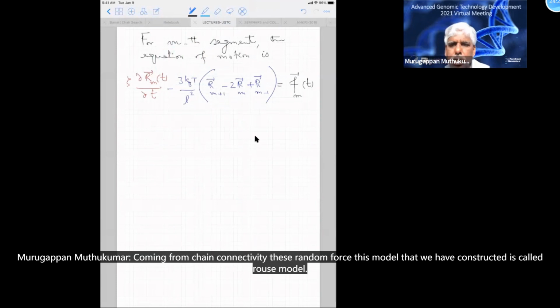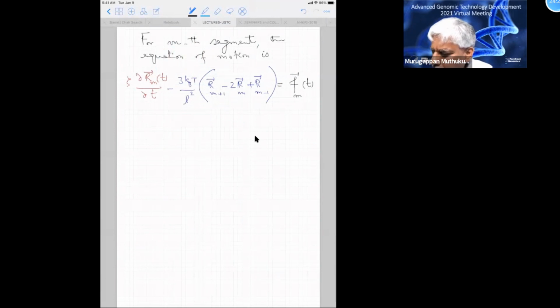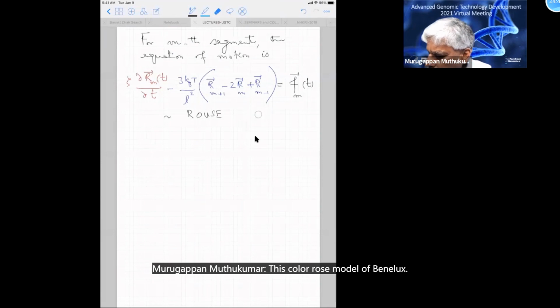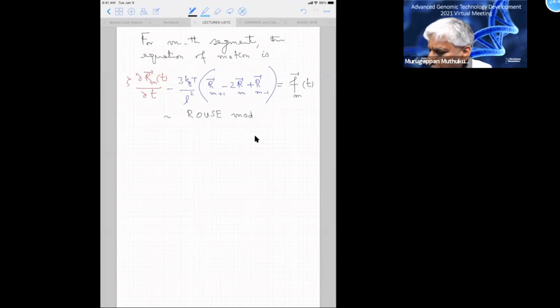This model that we have constructed is called the Rouse model. This is called the Rouse model of dynamics.